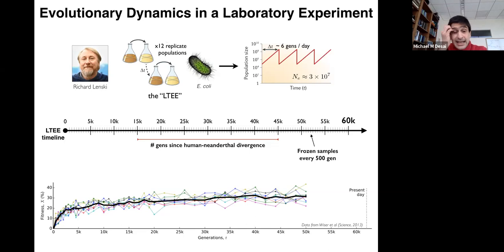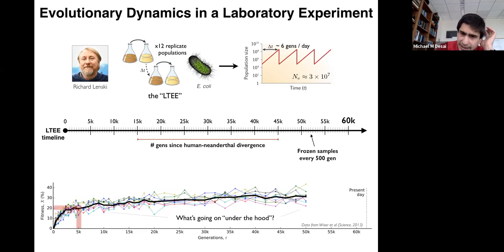And what you see is a rapid increase in fitness early in the experiment, followed by some sort of long, steady increase. This is very typical of laboratory evolution experiments in E. coli and other systems like yeast that we do in my lab.